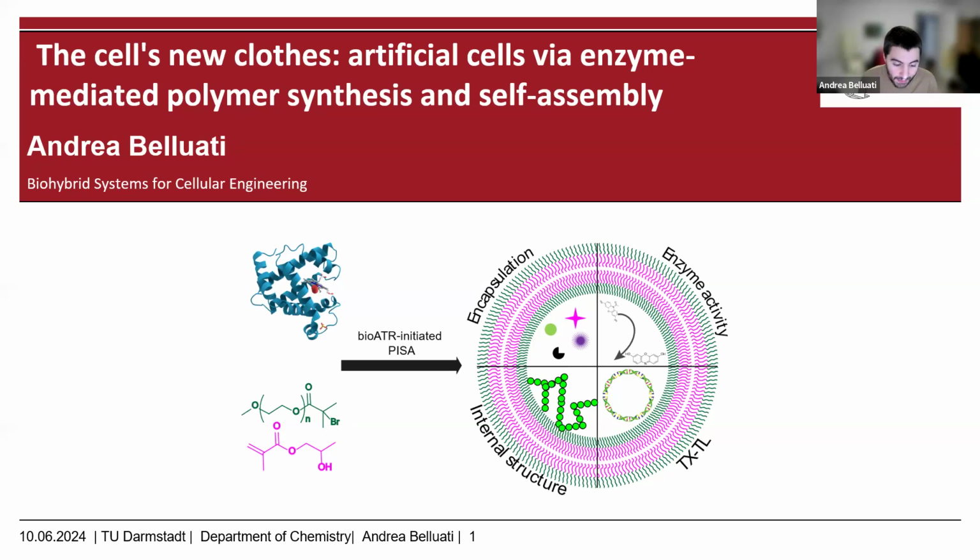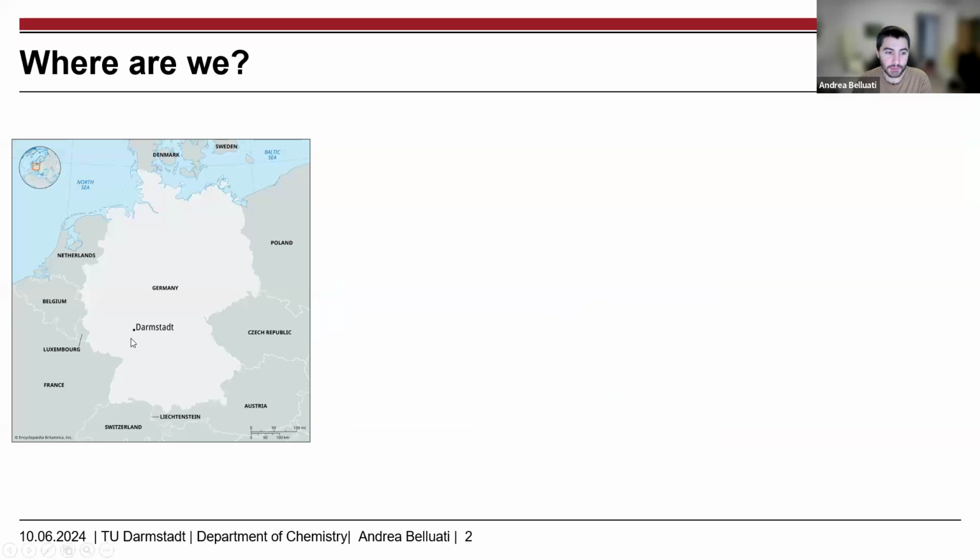Today, the audience is one of those rare audiences where I don't have to make a preface about what artificial cells are and why we would want to have them. But it's necessary to give a preface for people who have never heard of Darmstadt. Where are we? We are here in Germany, right almost in the middle.